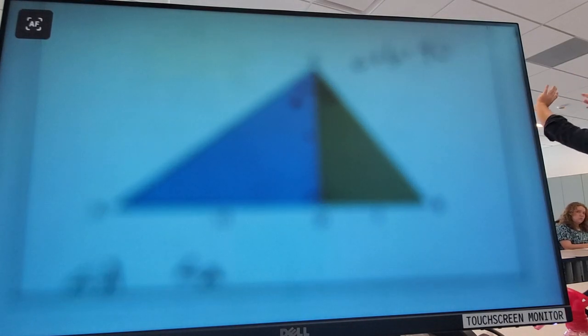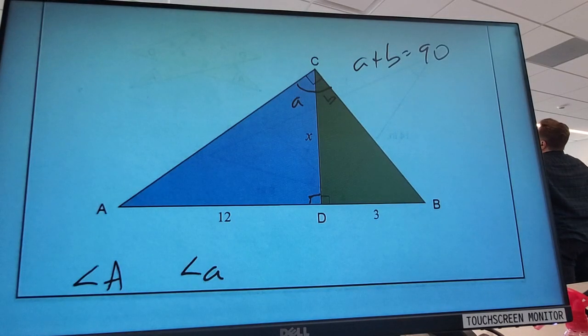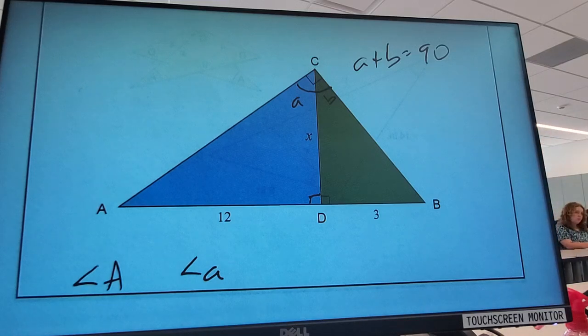Everybody focus on the blue triangle. You've got angle little a, angle big A, and a 90-degree angle, correct? What must angle little a and angle big A do together? They must add to 90.